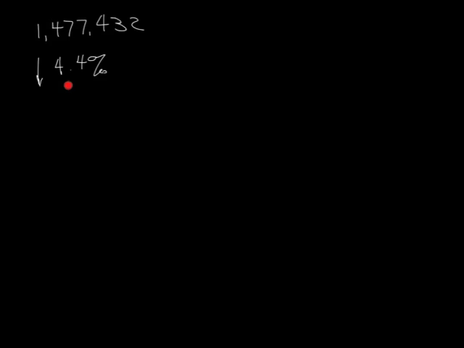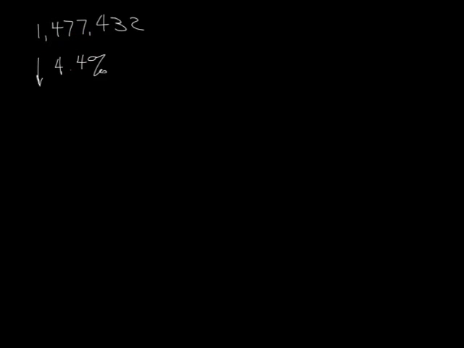It went down 4.4%. Well, how far down? So what they're asking for is how many people were arrested in 2010. And so what they're asking you to do is take 4.4% off of this in order to get the total number arrested.